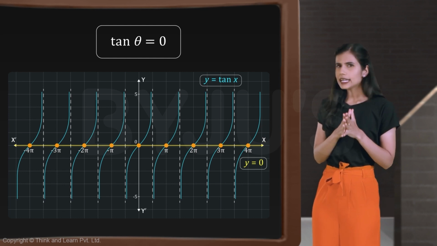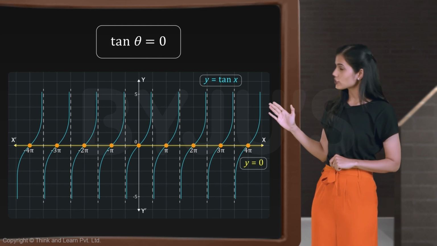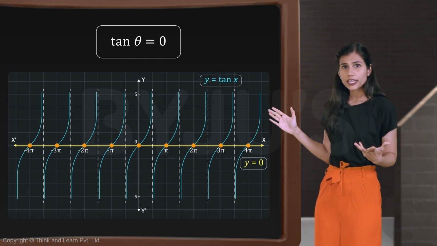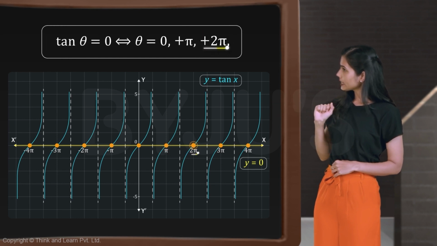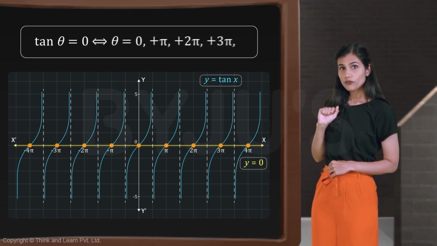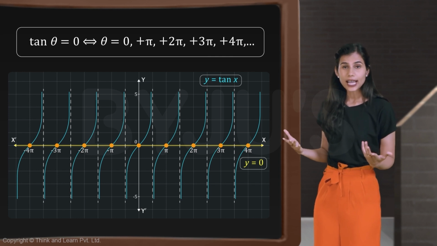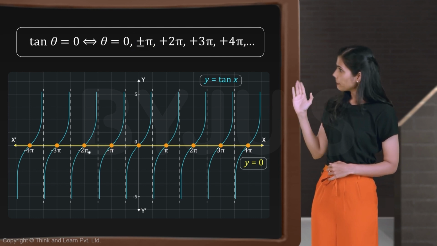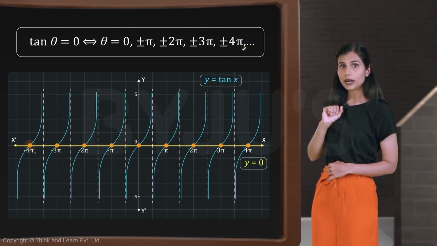You can easily identify that the angles corresponding to these intersection points are nothing but 0, pi, 2 pi, 3 pi, 4 pi, and so on. And on the negative side, we have minus pi, minus 2 pi, minus 3 pi, minus 4 pi, and so on.